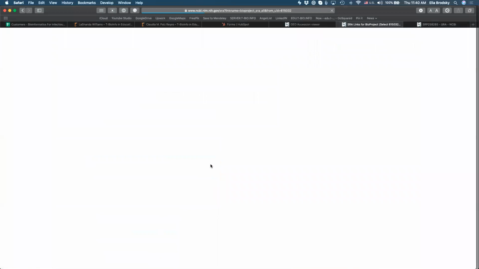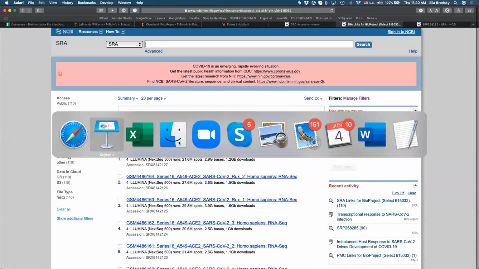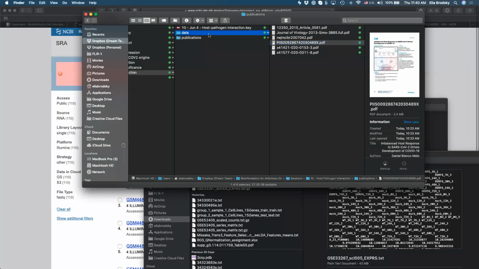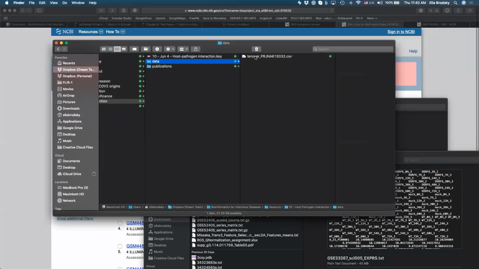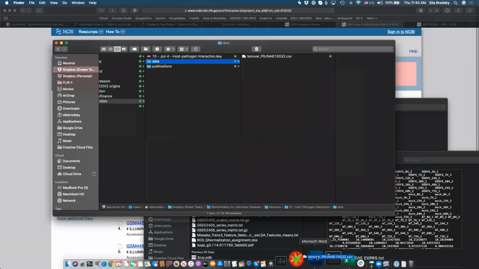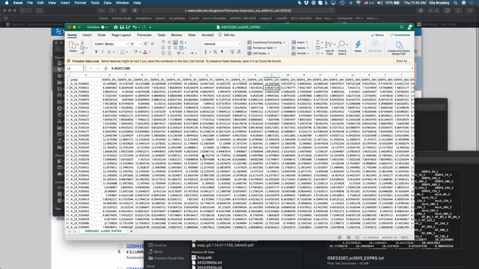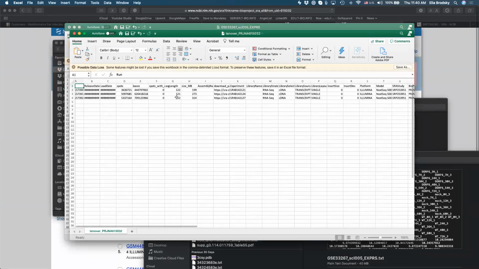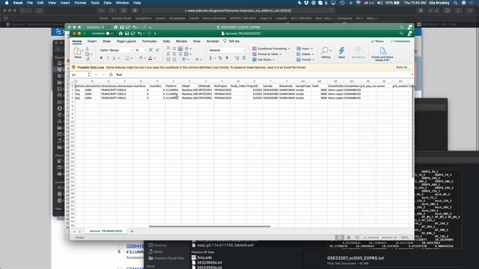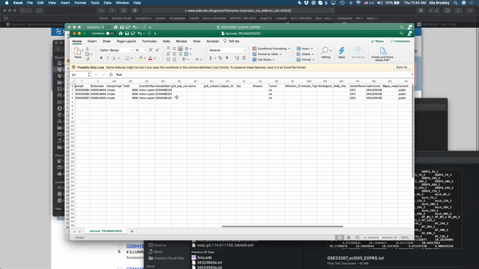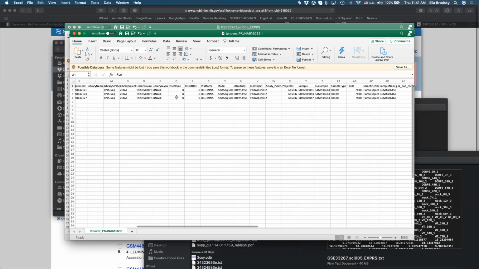And by the way, this data set, we prepared some description table. Let's take a look at that. Okay, well, this is just for the SRA links, right?